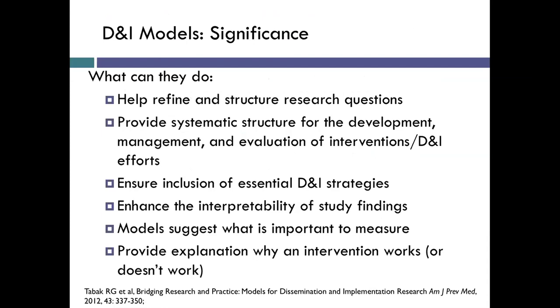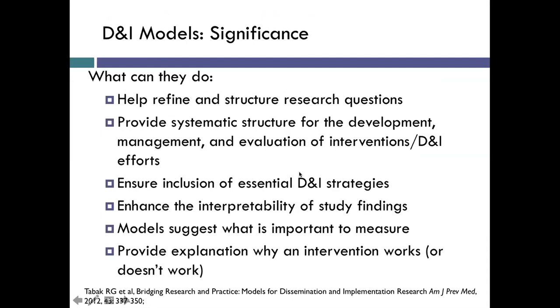Why is it important for us to use D&I models? D&I models have the ability to facilitate your crafting of the D&I grant and enhance the D&I potential of your D&I study in multiple ways. They can provide you with guidance on how to refine and structure your research questions.